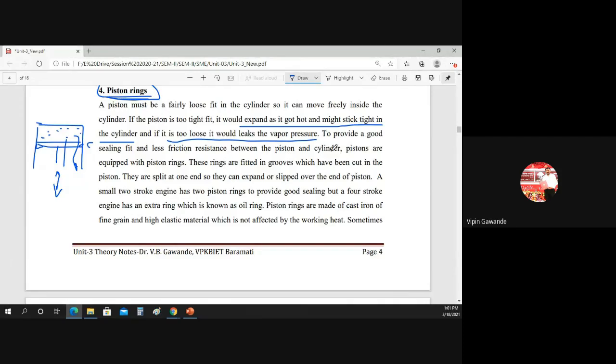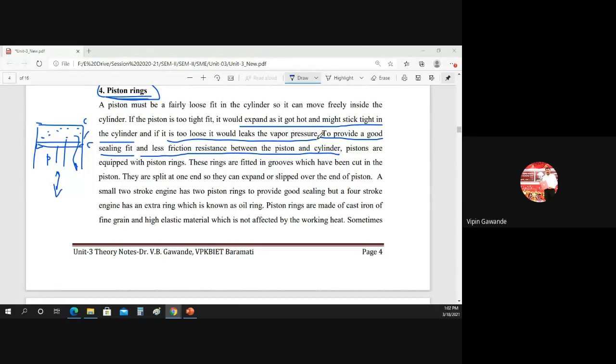The piston rings provide a good sealing fit and less friction resistance between the piston and the cylinder. When the piston is reciprocating inside the cylinder, there is friction between the cylinder and the piston. To reduce that friction we are using the piston ring.